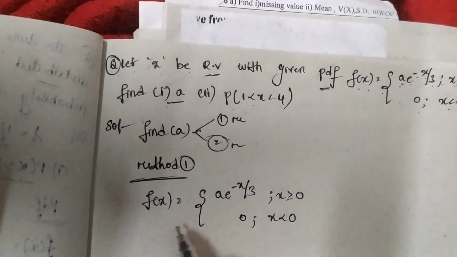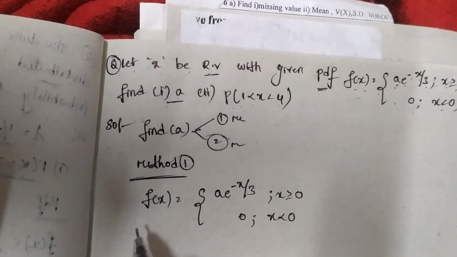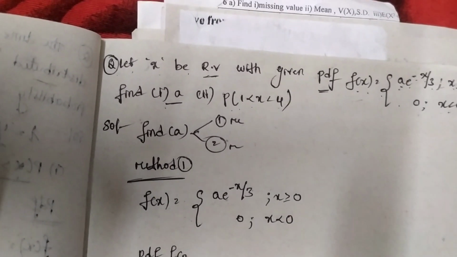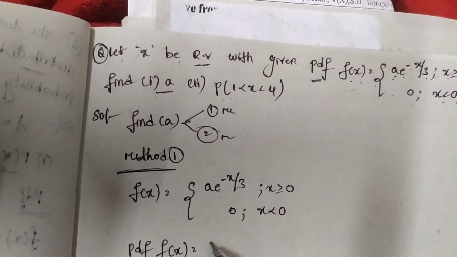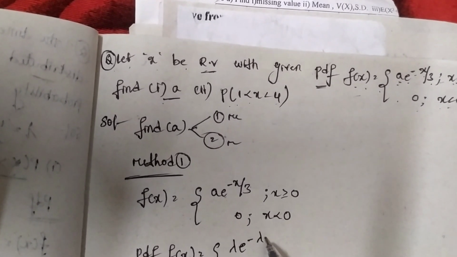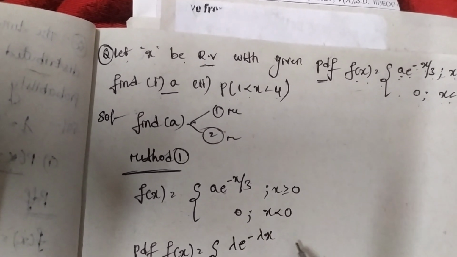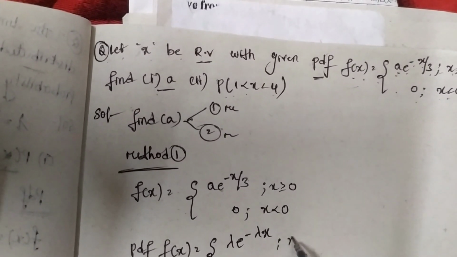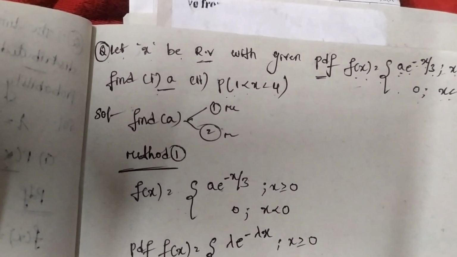We note the structure of the PDF, small f of x equals lambda e power minus lambda x for x greater than or equal to 0, and 0 otherwise.